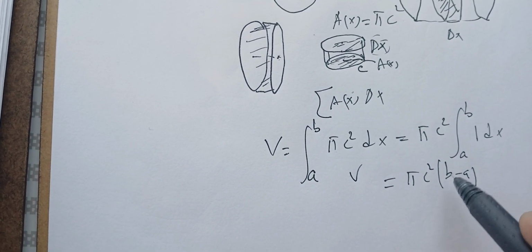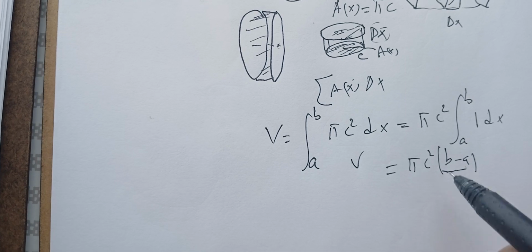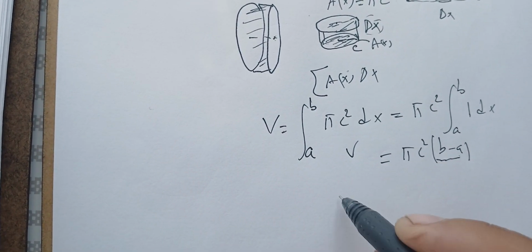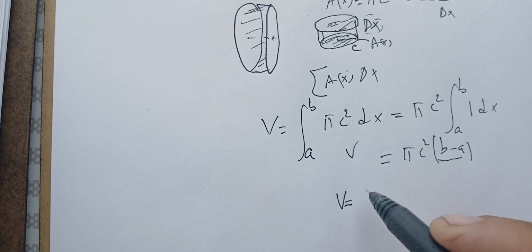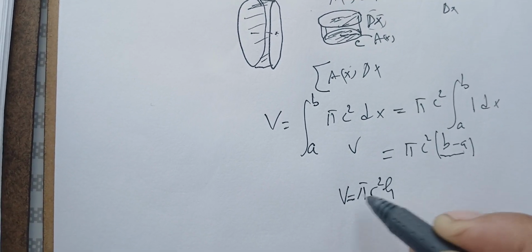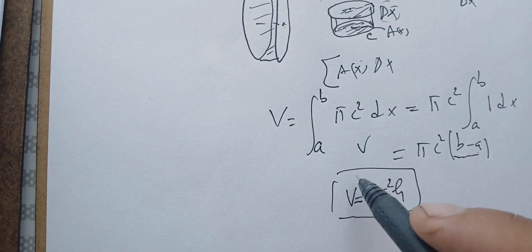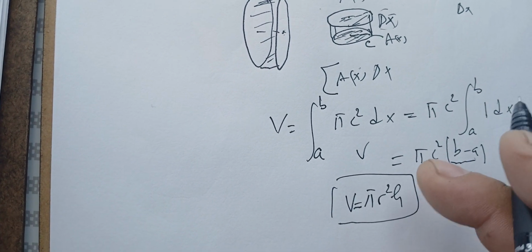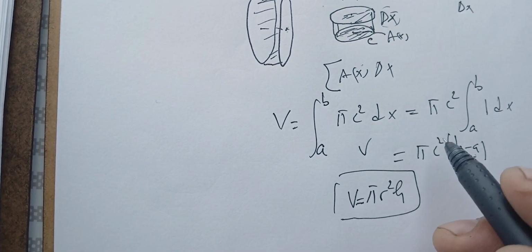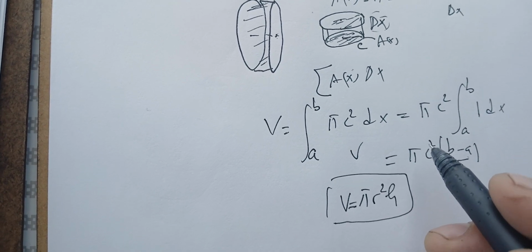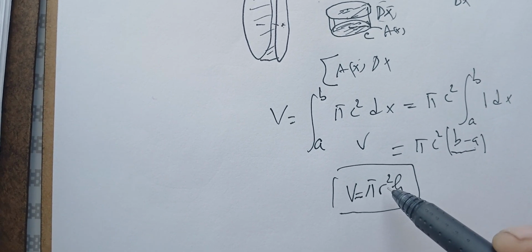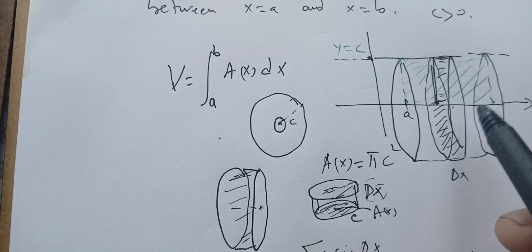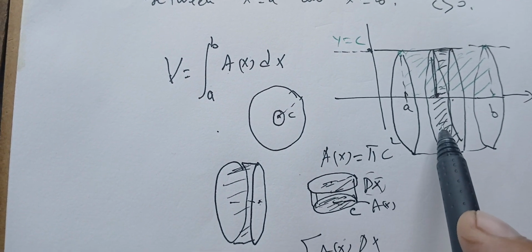We can think of b minus a as h, the height of the cylinder, and c as the radius, so we arrived at the volume is pi r squared h, and that's what we know from our elementary geometry and pre-calculus. So this is the volume of a cylinder having radius r and height h. So we used calculus to get this result.